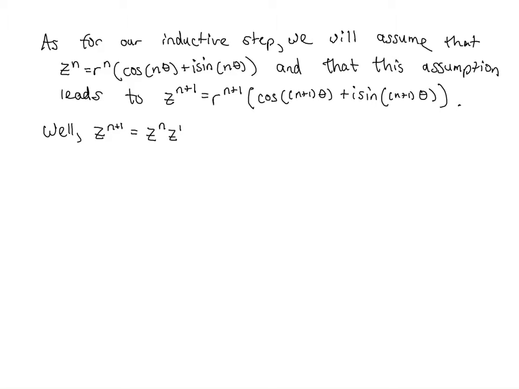Subbing in, we get r to the n times cosine of n theta plus i sine of n theta, times r cosine of theta plus i sine of theta. And now you're just going to want to multiply this out and hope that you're seeing some things.